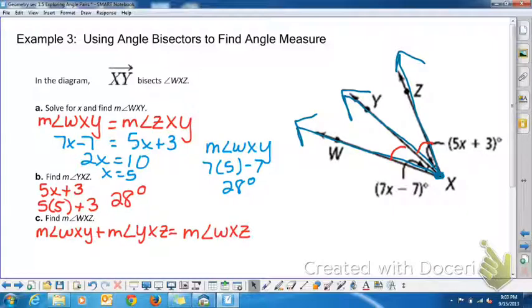So therefore, when we add these two together, 28 plus 28, we know that the measure of WXZ is equal to 56 degrees when we add the two angles together.